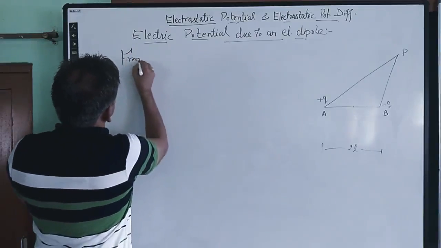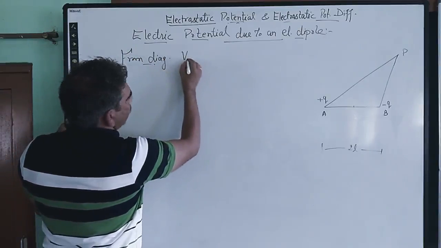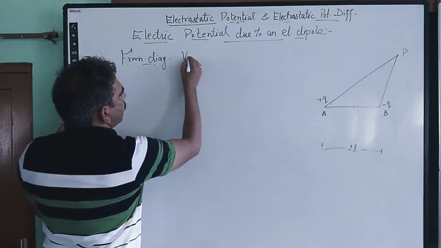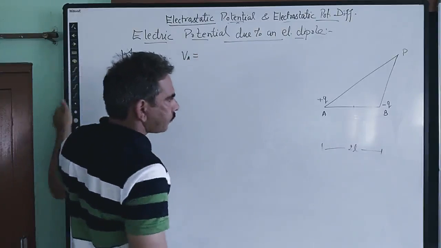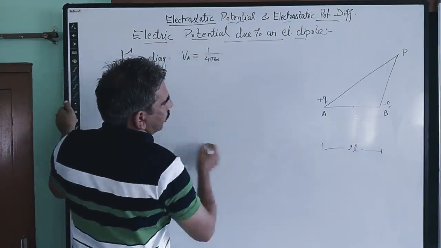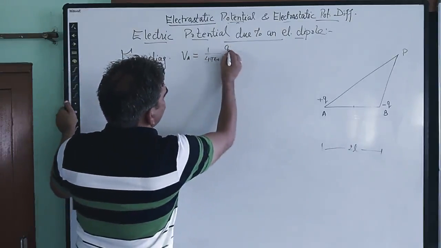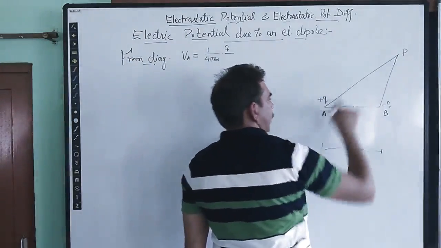From the diagram, the potential VA is equal to 1 upon 4 pi epsilon naught into charge Q upon the distance of the point P from here, which is PA.